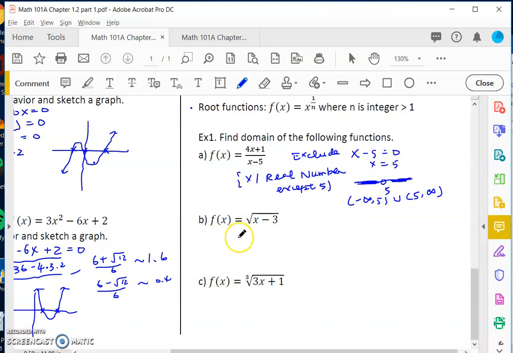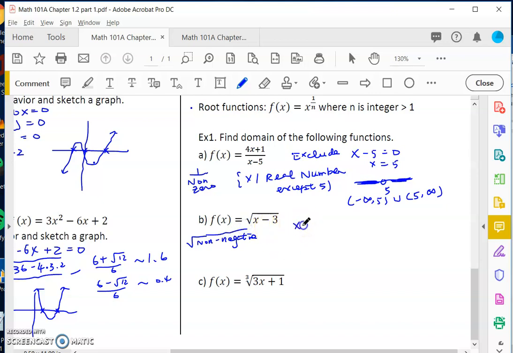What about if I have a root function, the square root of x minus 3? We know that we cannot take the square root of a negative, so the square root input must be non-negative. Okay, it can be 0, but it has to be non-negative. So how do I make sure that this is non-negative?